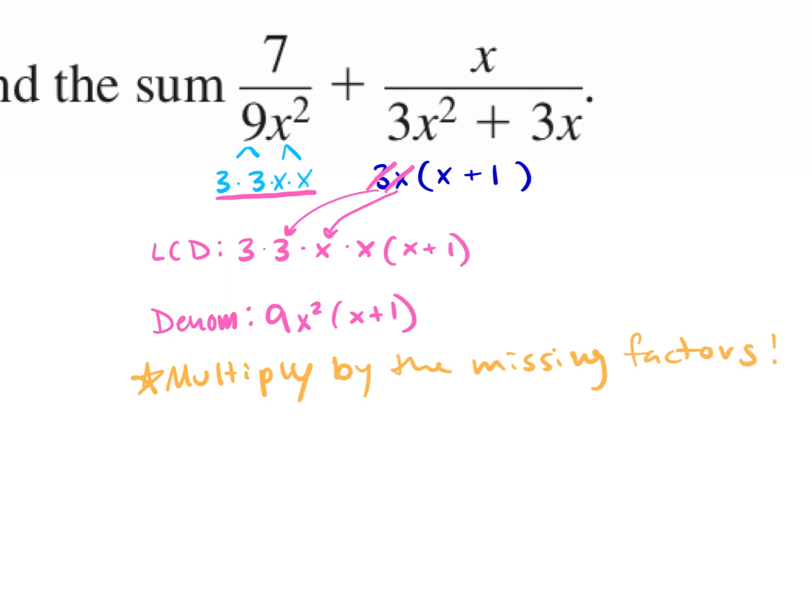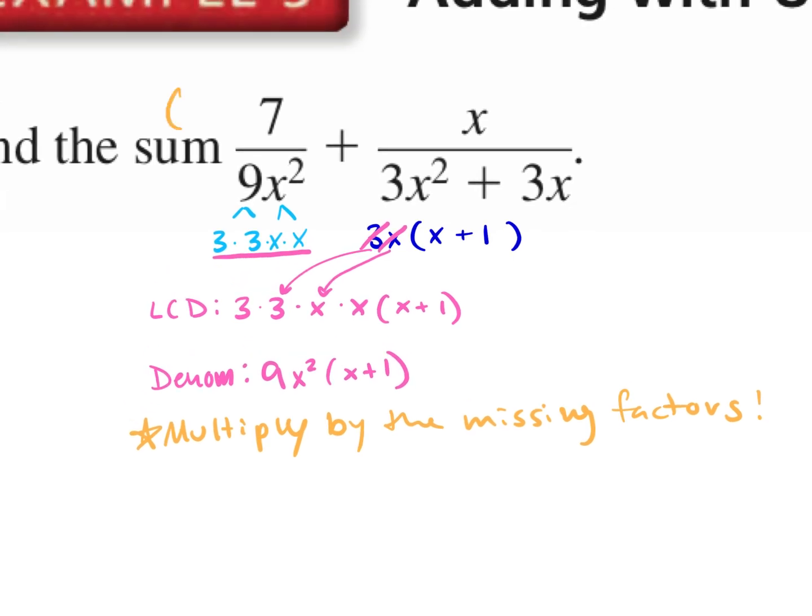So my first denominator has 3 times x times x. So from my list of my least common denominators here, what's missing from this that I have here? x plus 1. So I'm going to multiply the top and the bottom here by x plus 1. Now the bottom, multiplying it by x plus 1 gives us our denominator that we already have, so we really don't multiply that out. It's just helping us to multiply the top.